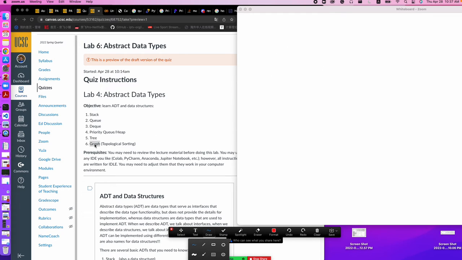Okay, a graph is kind of like social networks or Instagram, right? In real life, we know each other by this type of connection. But in a graph, how do we describe this relationship, right?